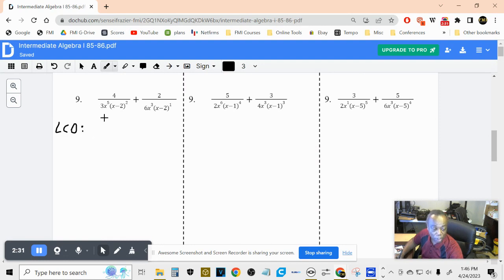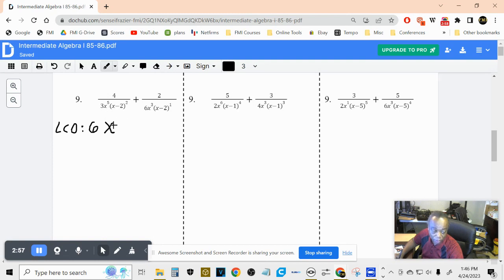Okay, we have a 3 here and a 6 there. Now, for the 6's, the 6 times tables are 6, 12, 18. But 6 is the very first number that also shows up in the 3 times tables. So we're going to use 6 for our LCD here. Now, for the x's, I have 5 here and I have 3 there. Always use the larger amount, so we'll use the 5 x's from here.